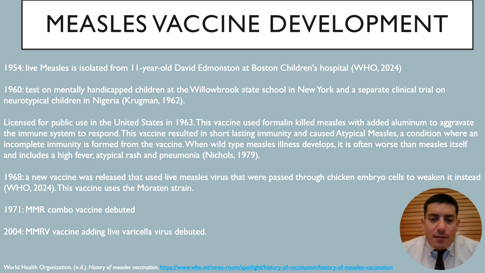So they revised it and changed it to a live virus vaccine by passing it through chicken embryo cells. And then after that, the MMR came out in 1971 that added additional live viruses. And then finally in 2004, they added varicella to give us the MMRV vaccine that we know and love today.